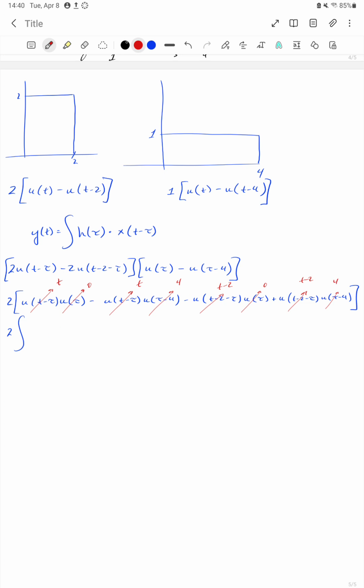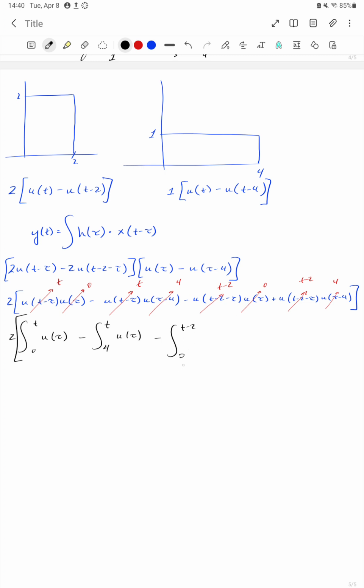So noting that, let's do this in black, keep things separated. You've got the integral from 0 to t of u of tau, minus the integral, so that we know the 2 goes to everything, from 4 to t of u of tau, and this goes from 0 to t minus 2.